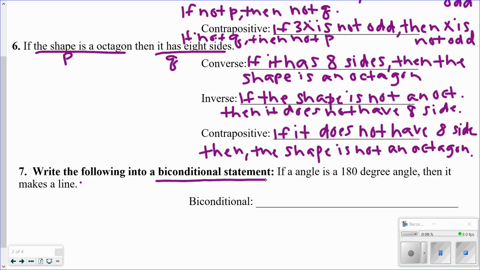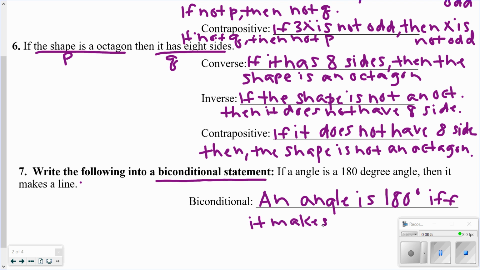So how I would write this is: an angle is 180 degrees if and only if it makes a line. And remember you can use that "iff" with 2 F's, that means if and only if.